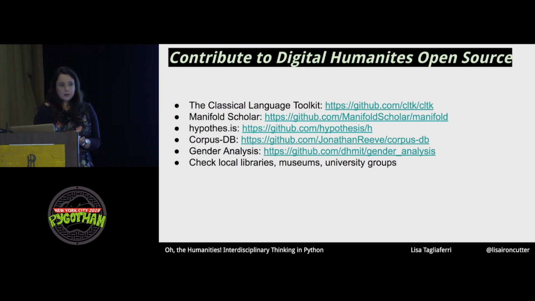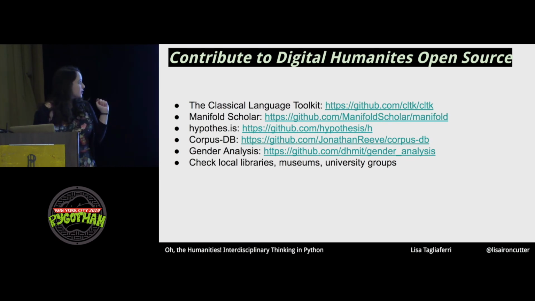Hypothesis is run by a nonprofit, and they are committed to annotating the web and creating dialogues across the web through this annotation. Corpus DB is a textual corpus database that's trying to bring metadata to the text from places like Project Gutenberg. And the gender analysis toolkit that I mentioned, I heard that they could use some documentation.